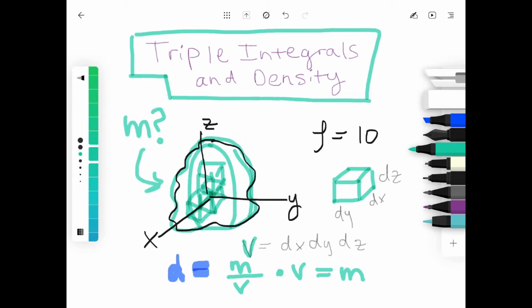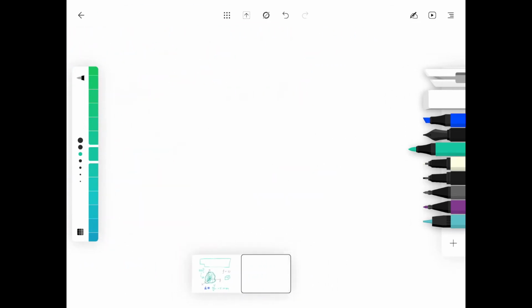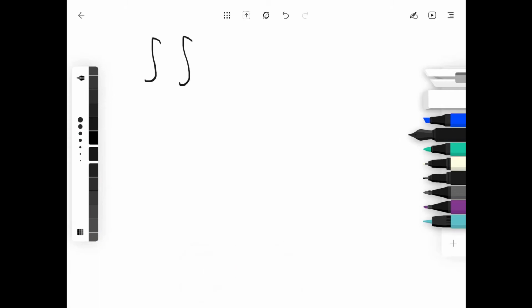So when you take the triple integral, you're going to have your density function, which I put as rho, and it has to be constant or else this way is not going to work.